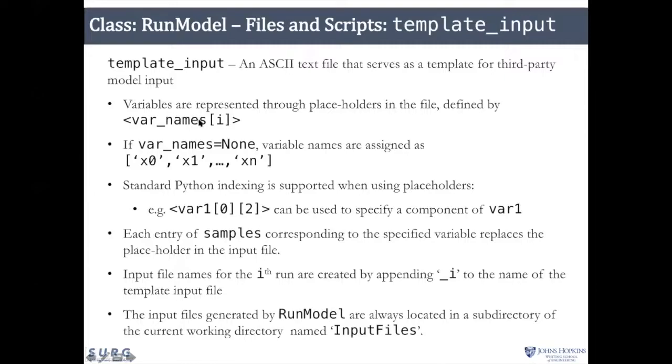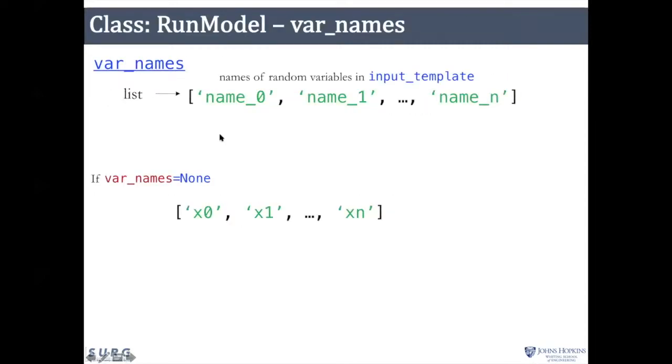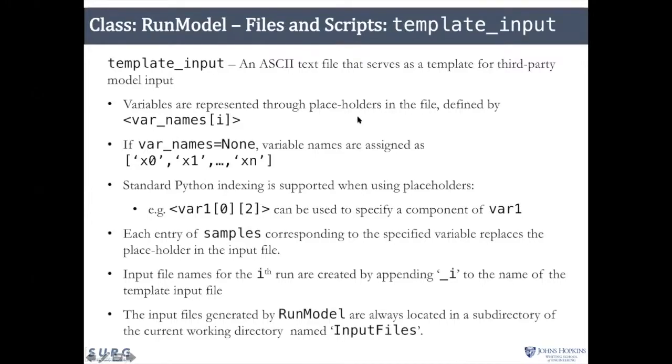So UQpy searches for each of the text strings in the variable names within the template. Once it locates that particular variable, it is replaced by the numerical value of the sample for that variable, which is passed in as an input to RunModel through the samples.